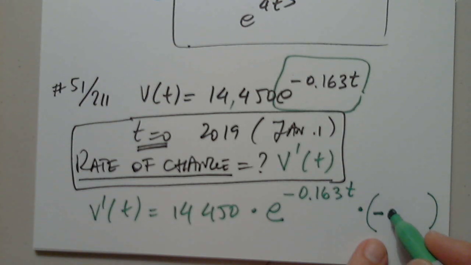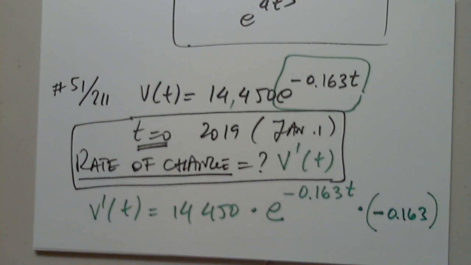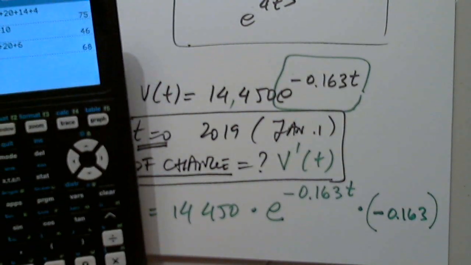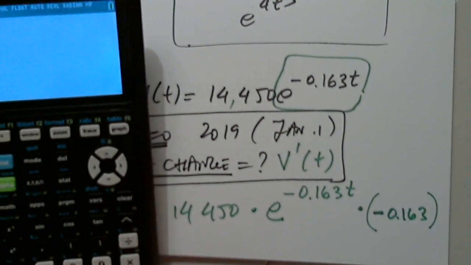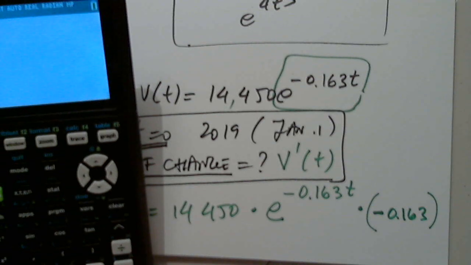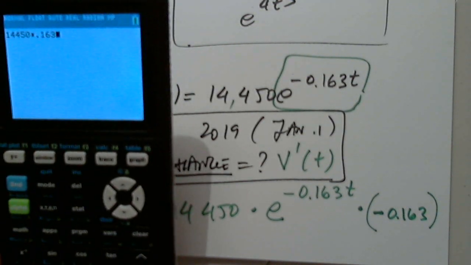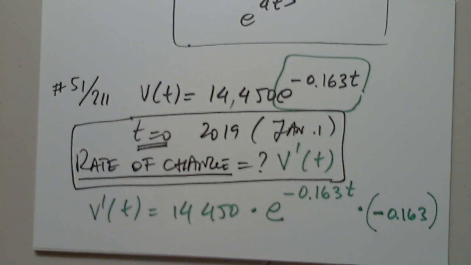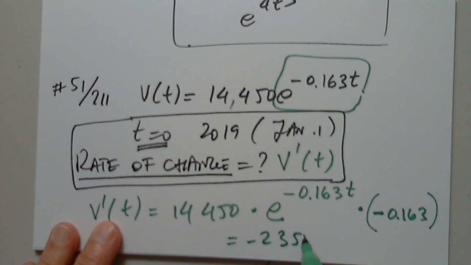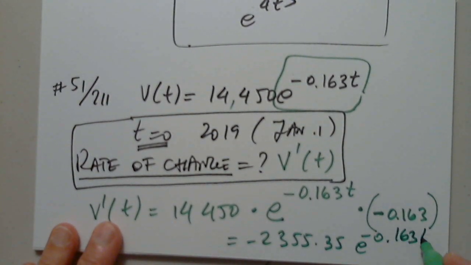It is 0.163. That's it. I need to multiply these two. 14,450 times 0.163, and I know the number has to be negative. So this is negative 2355.35 times e to negative 0.163 t.